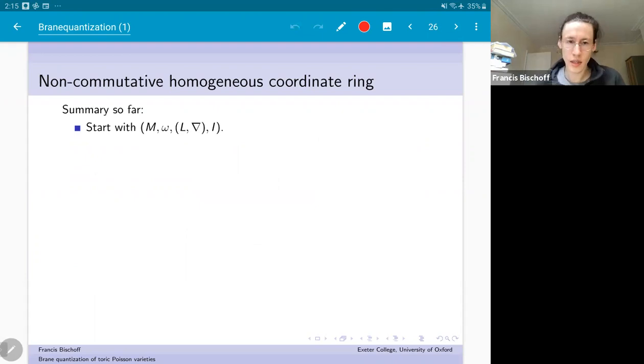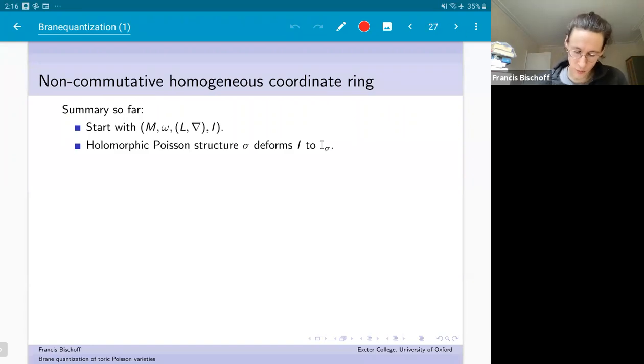Okay, so let me now just summarize what we have so far and explain how this gives rise to a deformed homogeneous coordinate ring. So we're starting with a pre-quantized Kähler manifold. We equip it with a holomorphic Poisson structure. So this gives a deformation of the complex structure to a generalized complex structure.